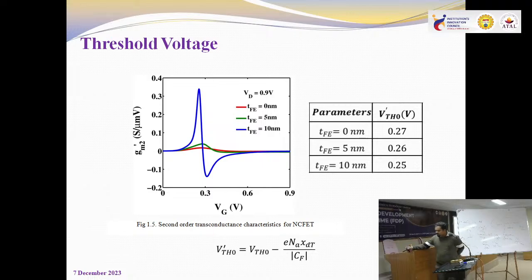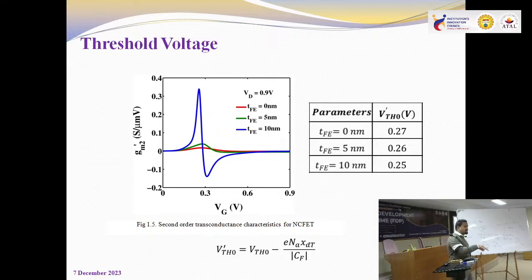Now, what does this method say? You have to take the derivative of current in second order. Transconductance is what? gm is del ID by del VG.